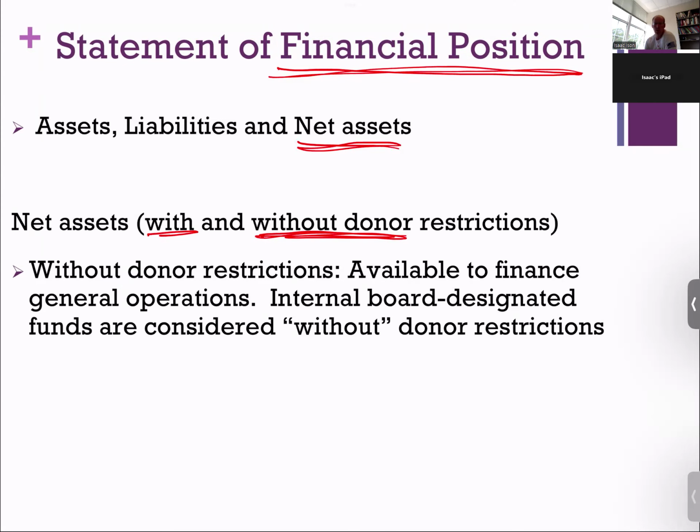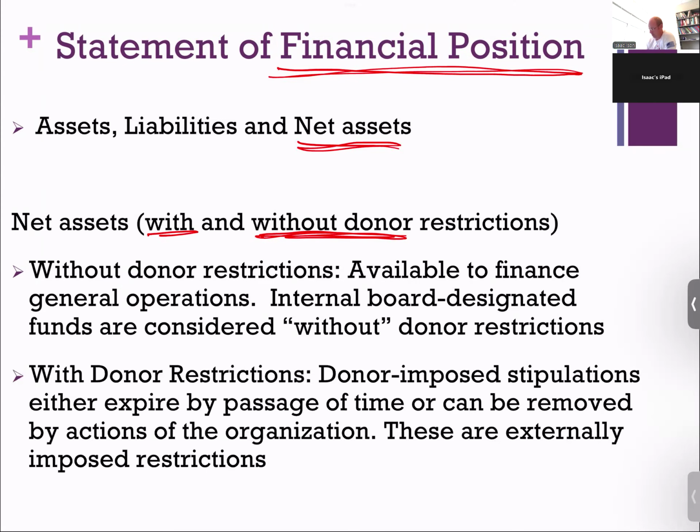So without donor restrictions, can be spent however. With donor restrictions, are either going to be dependent on time, the passage of time. So maybe they say, hey, we're going to give you $10 million, but it's going to be over 10 years. That would be based on the passage of time. Or particular actions, right? So here is $10 million, but you need to build a new building or something like that.